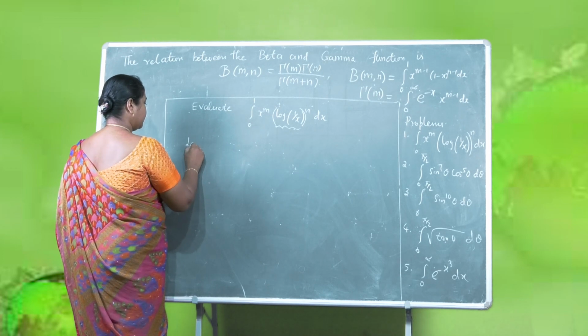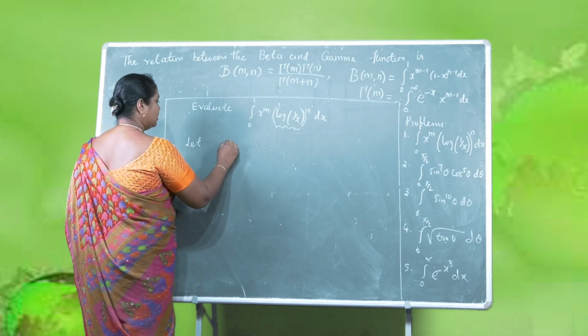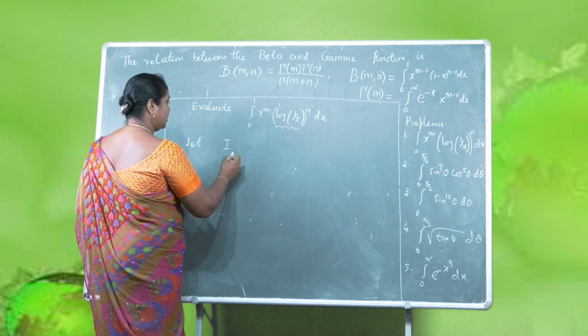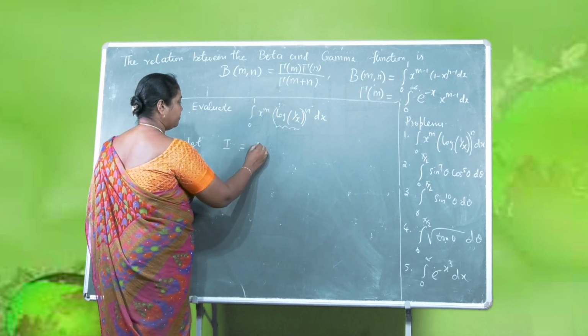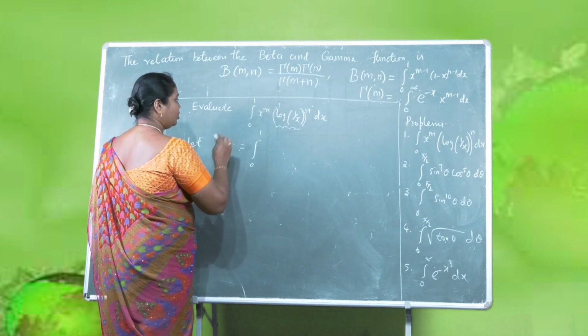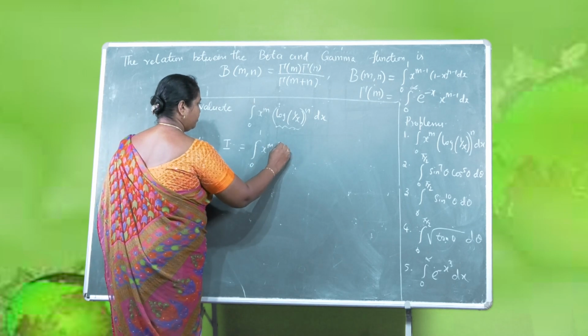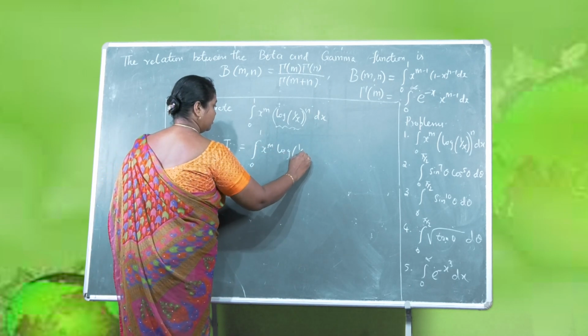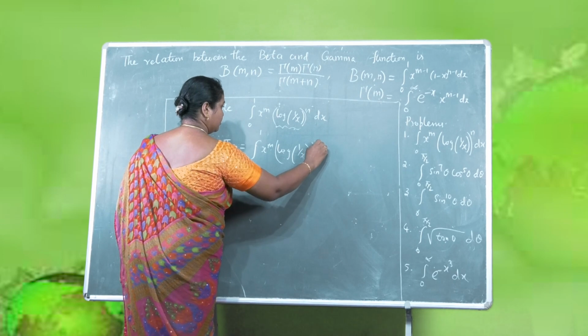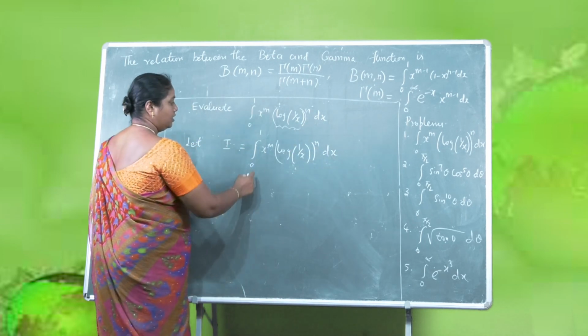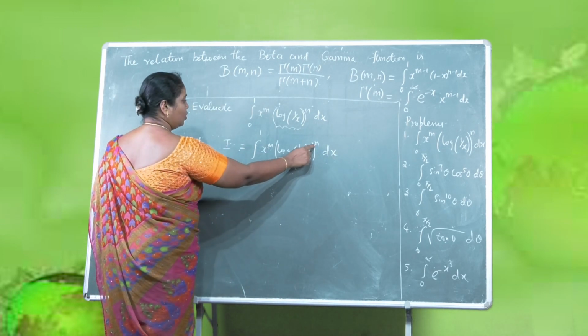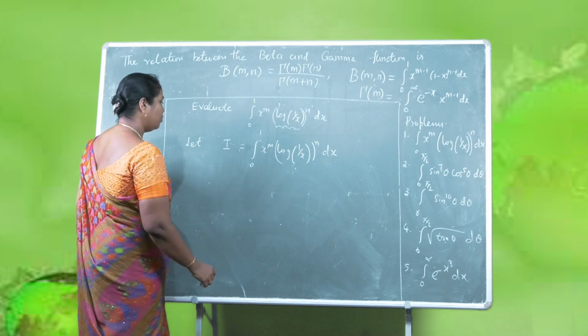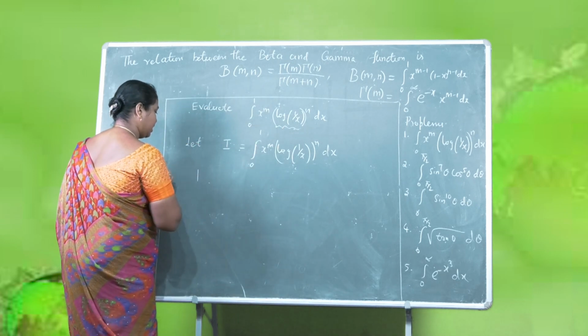So let us first take that integral as I. Let I be equal to the integral from 0 to 1 of x power m log of 1 by x the whole power n dx. Now I am going to use the substitution method.